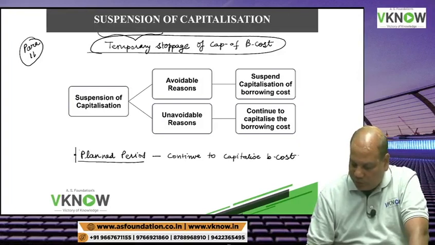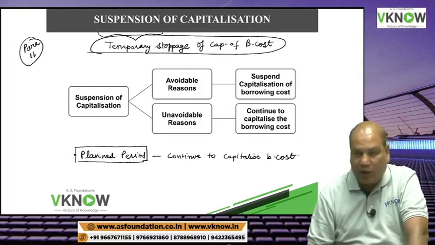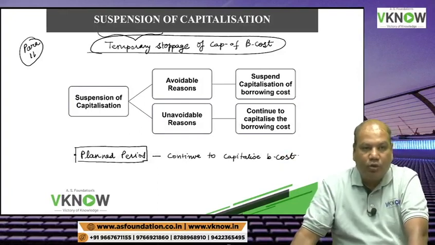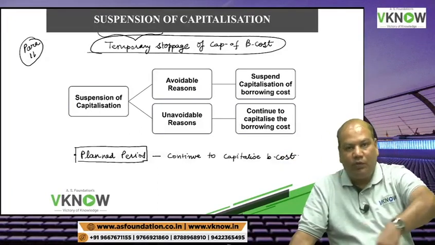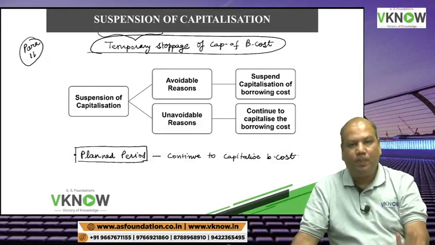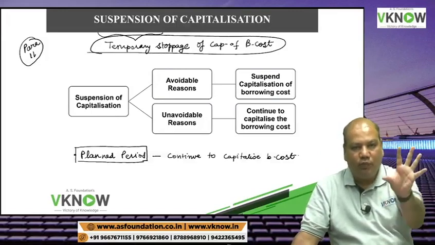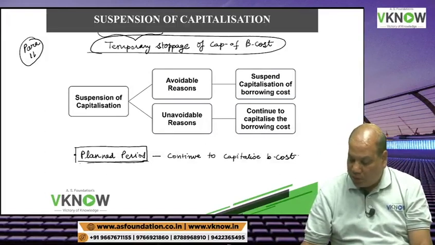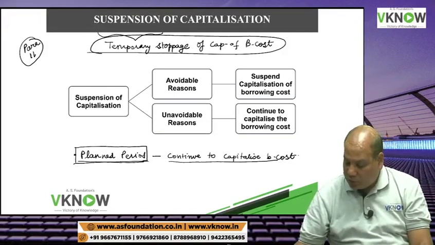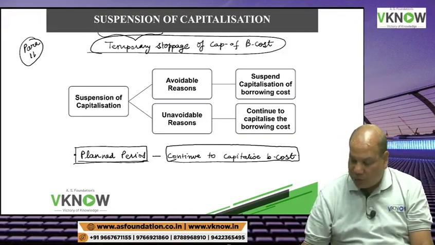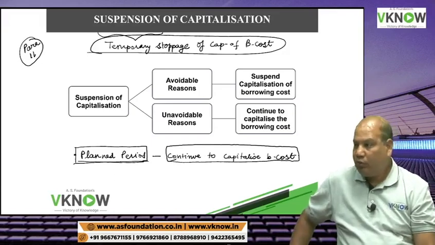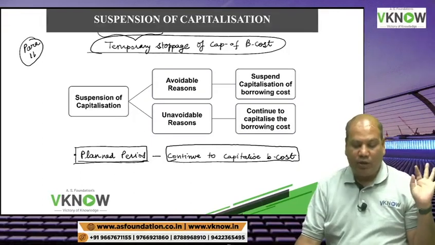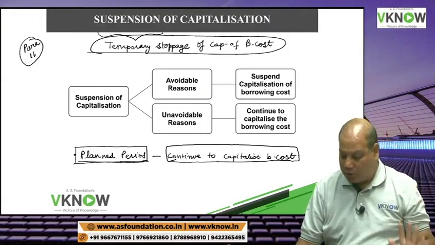Planned period means we have planned that this building will be constructed in 1 year. We have decided this building will be constructed in 1 year. So my planned period is 1 year. So during the planned period, continue to capitalize the borrowing cost. Don't worry, because I had mentally made up my mind that this would require 1 year.